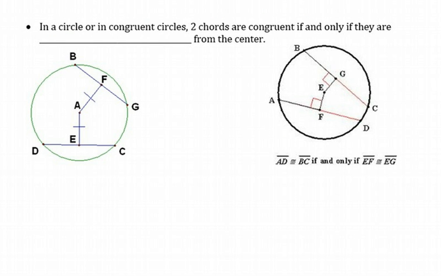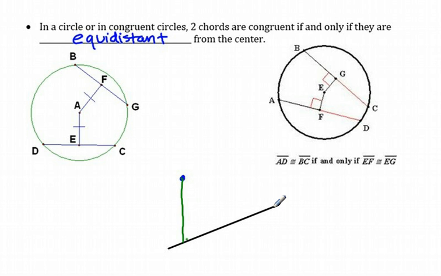And then the last property says that in a circle or in congruent circles, two chords are congruent if and only if they are equidistant from the center. If you recall back last semester, we talked about if you have a point and you have a line drawn, there are all kinds of routes you can take from this point to this line.